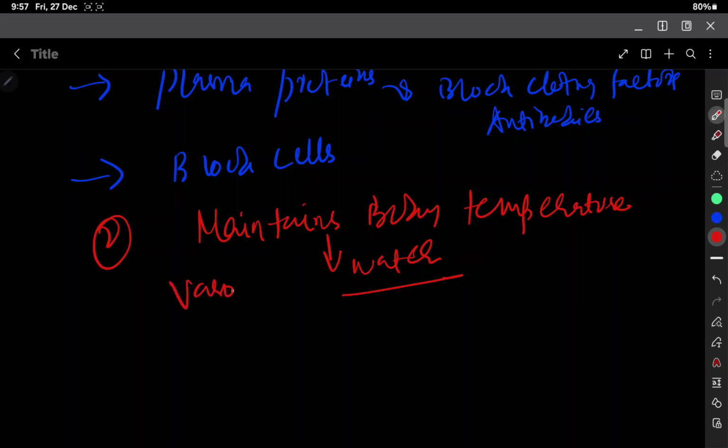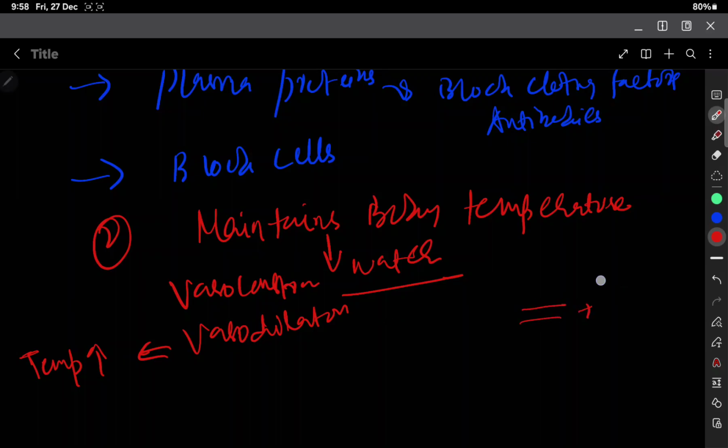So there are two things, one is vasoconstriction and second is vasodilation. When the temperature increases in our body, then there is vasodilation. So vessels will dilate. For example, this is the normal size of the vessel, so this vessel will dilate. Because of the dilation there will be sweating, and then there will be evaporation, which will cause cooling.